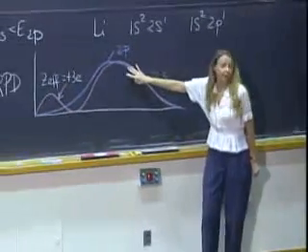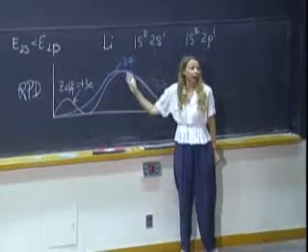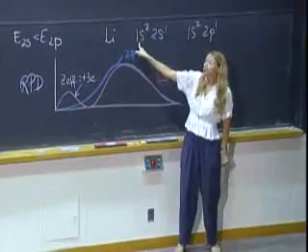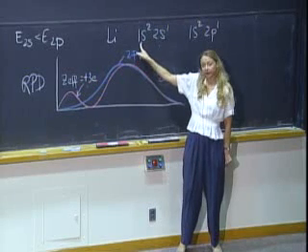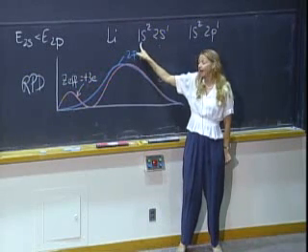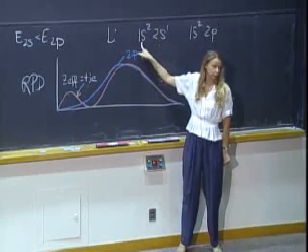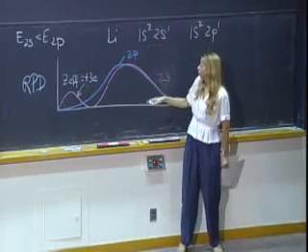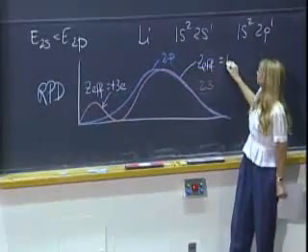For this part of the probability distribution function for 2s, hey, that's much further out, and I have those 1s electrons closer in, so for the sake of this argument, I'm going to say that these s electrons completely shield the nuclear charge. And so the effective charge for this part of the distribution is plus 1e.